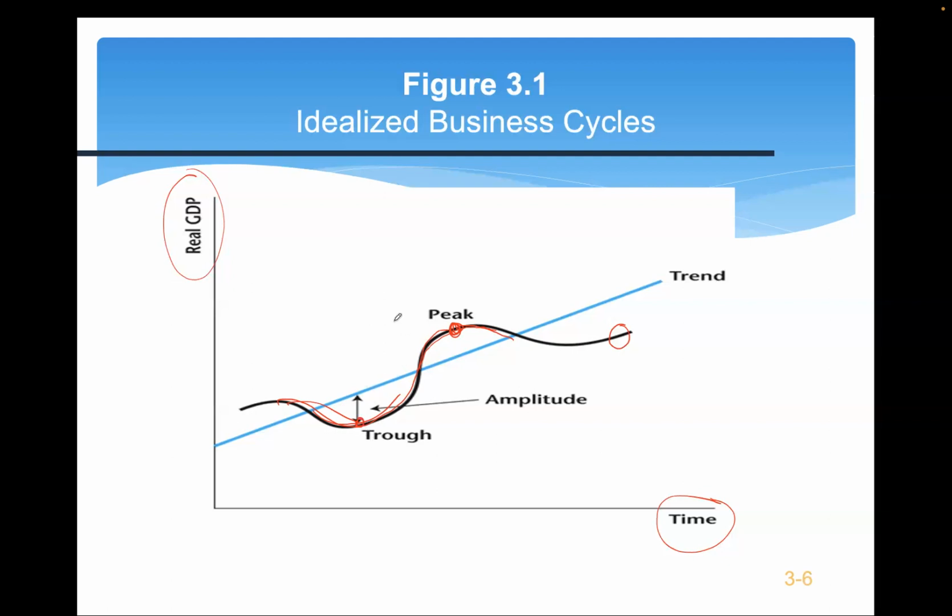And finally, we call this difference, the magnitude of the business cycle, the amplitude. This is just how deep the recession is and how strong the expansion is. We call this amplitude. But this is an idealized business cycle.